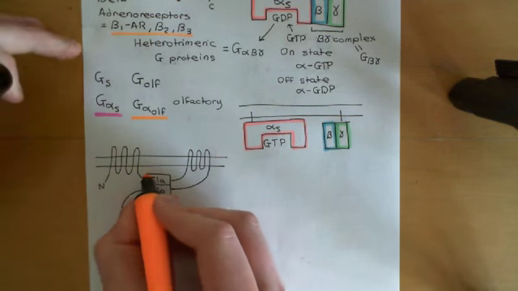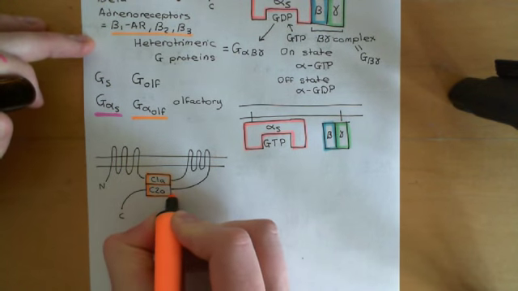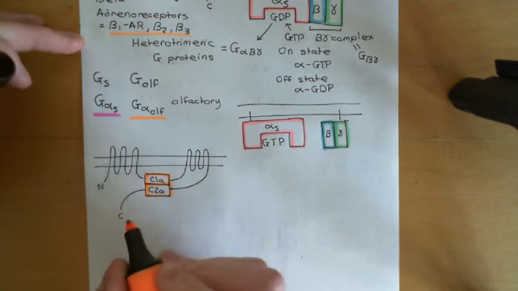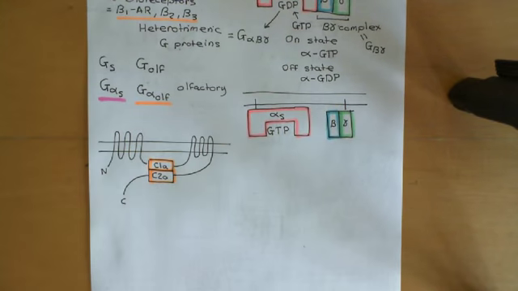Okay, right, so let me colour the 2 catalytic portions in. So these are dimerized together, but at the moment they're in a conformation which is not active. They're not actually catalyzing the conversion of ATP into cyclic AMP and pyrophosphate at the moment.